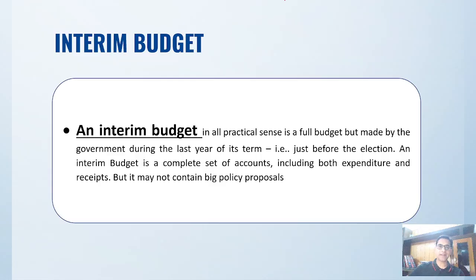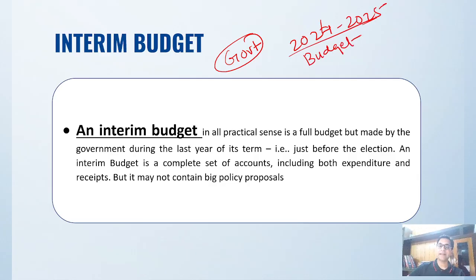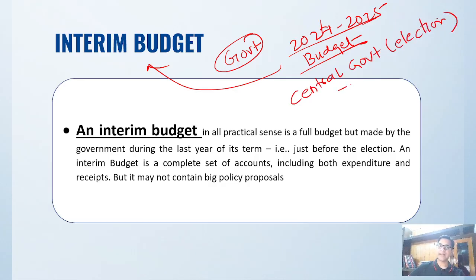Now interim budget, very important. This year government has passed an interim budget, in 2024, in the 2024-25 budget. Whenever the central government goes for election, that year is called an interim budget year.